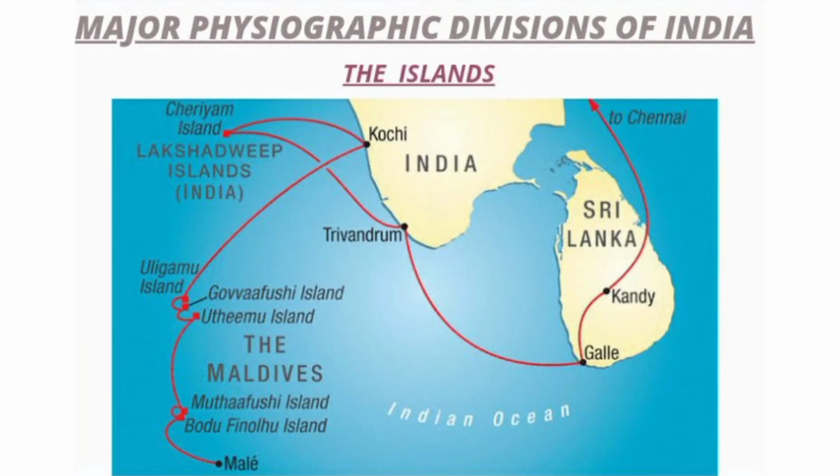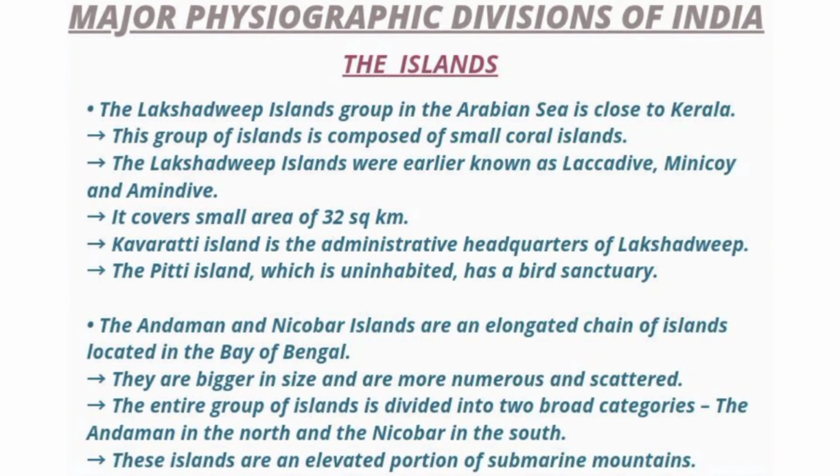Now we will discuss the islands. The Lakshadweep island group in the Arabian Sea is close to Kerala. This group of islands is composed of small coral islands. The Lakshadweep Islands were earlier known as Laccadive, Minicoy, and Amindivi.